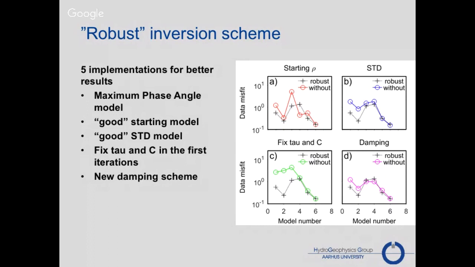The idea for the maximum phase angle, and sorry I have to go again for the streaming, is that when you look at this spectrum, the classical Cole-Cole, if you change C in this spectrum, what happens is that your phase decreases and becomes wider. But if you change M0, your phase decreases.